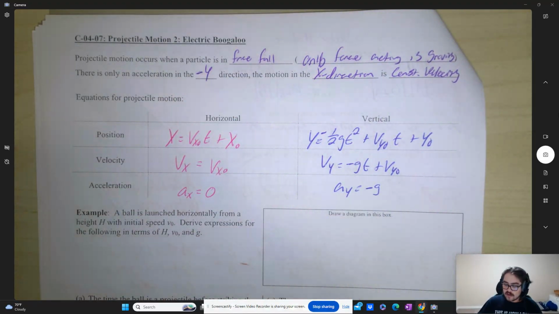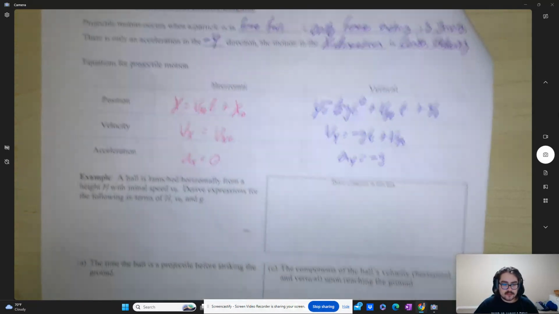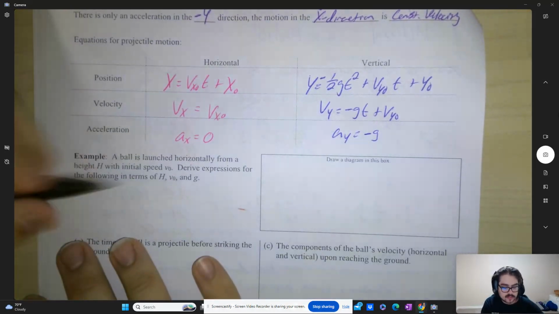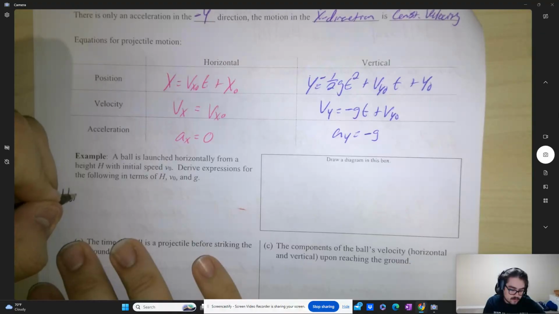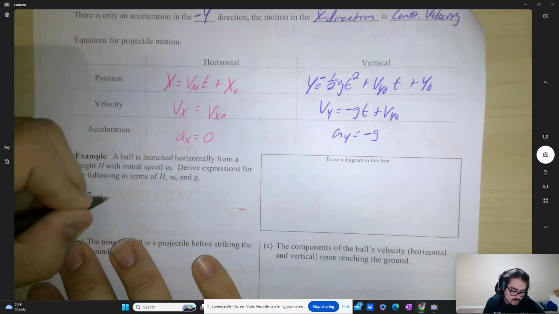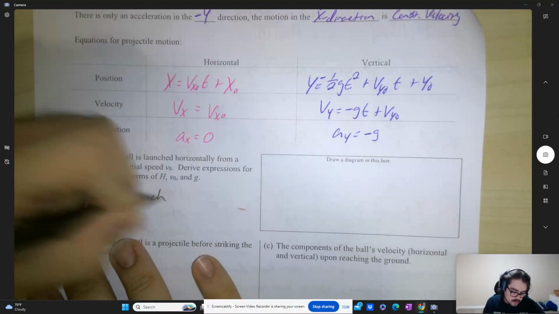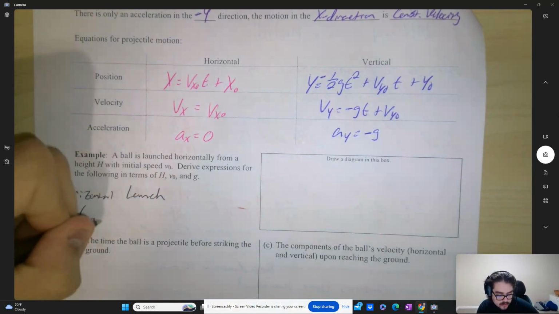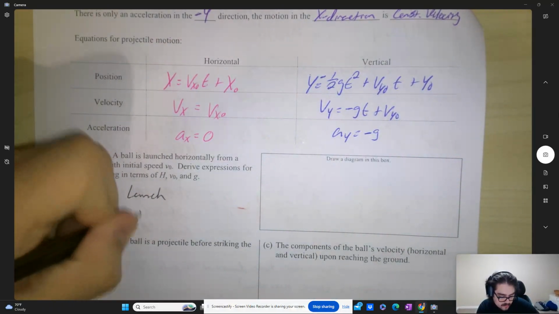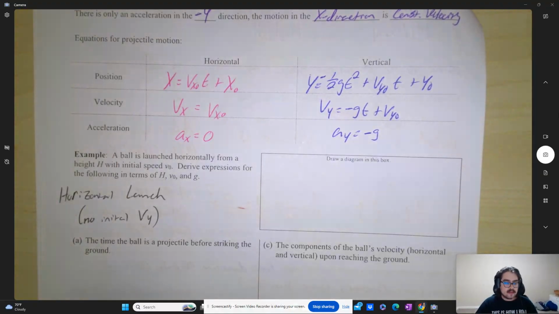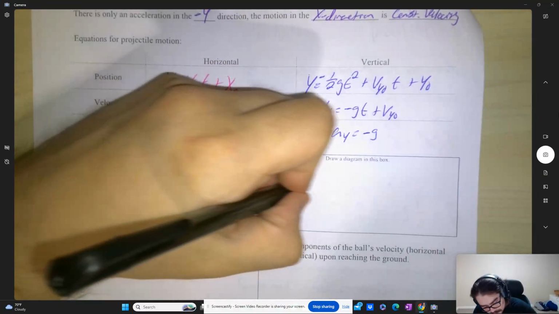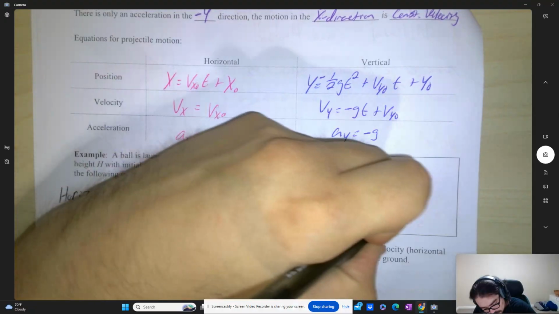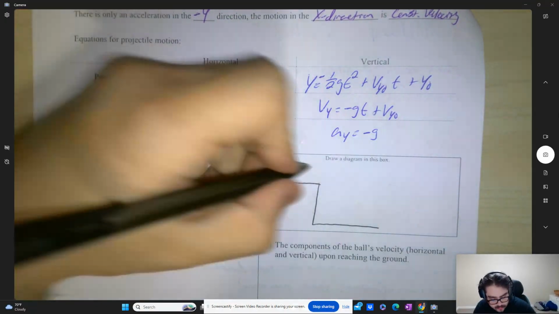I just took derivatives. Now, a ball is launched horizontally, so this is what we call a horizontal launch. Because it's a horizontal launch, there's no initial vy. To draw an example, here's our elevation, and here's the ball at the top.